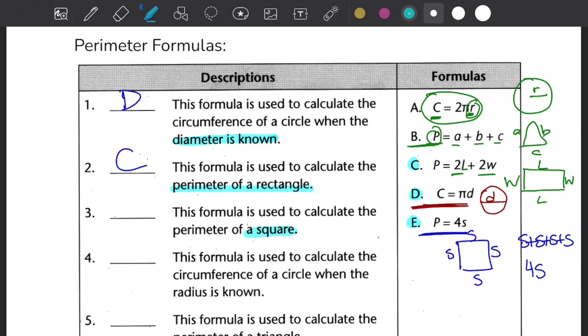We've determined that that is E. This formula is used to calculate the circumference of a circle when the radius is known. So we've determined that that is A. And then the last one is, this formula is used to calculate the perimeter of a triangle, and we've determined that that is B. Now, if you've struggled with this activity, I highly recommend that you go back and watch the videos from parts 1, 2, and 3 before you proceed to the next 2 examples.